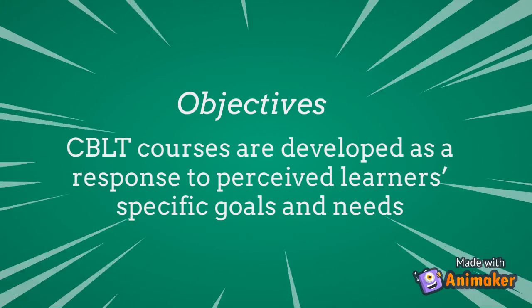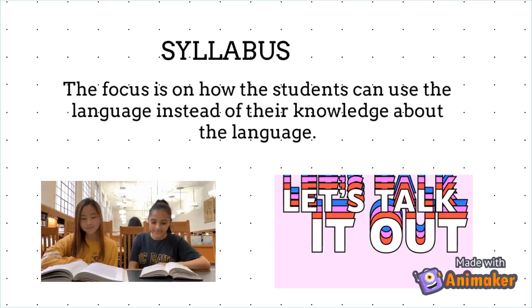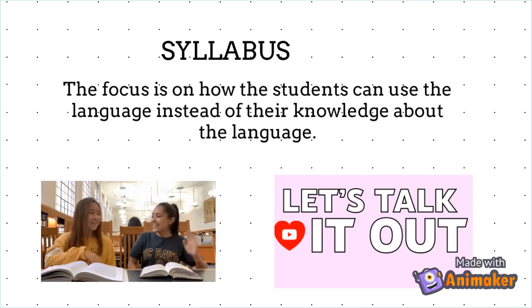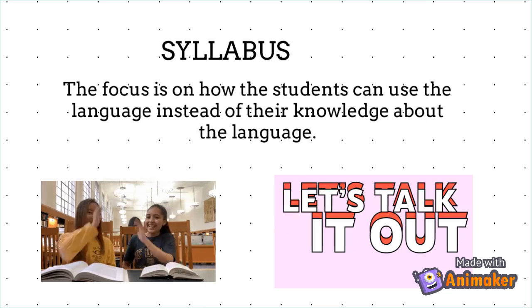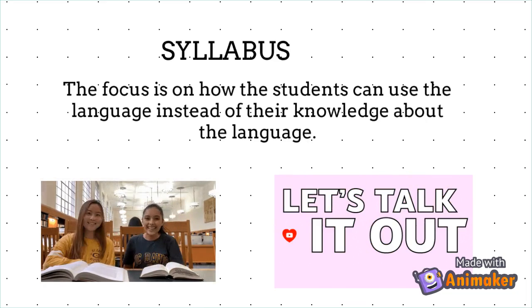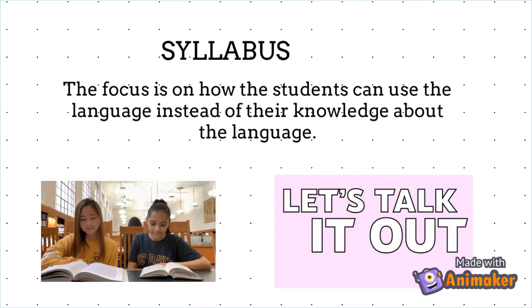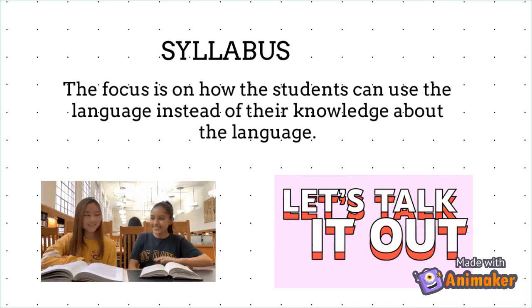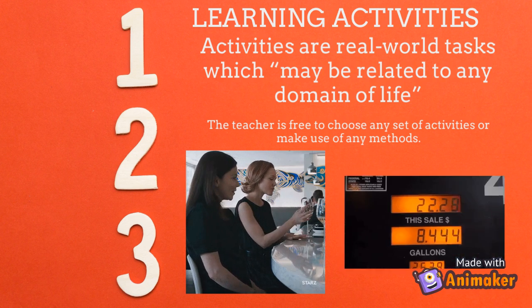The focus is on how the students can use the language instead of their knowledge about the language. Learning activities are real-world tasks which may be related to any domain of life. In CBLT, students learn how to use the language in authentic situations likely to be encountered outside the classroom.